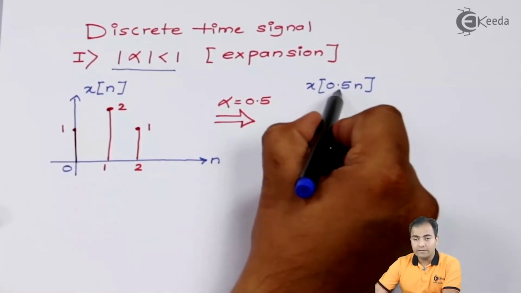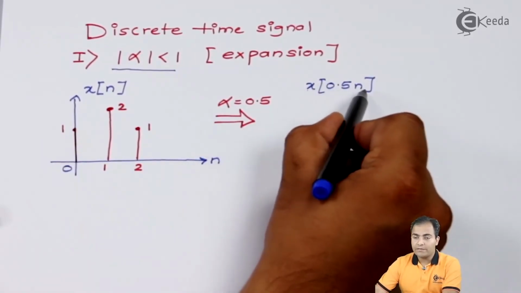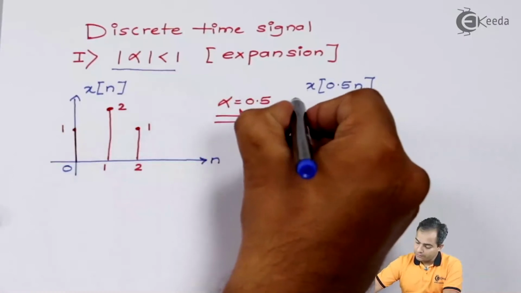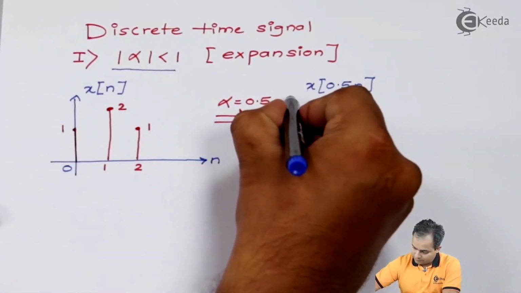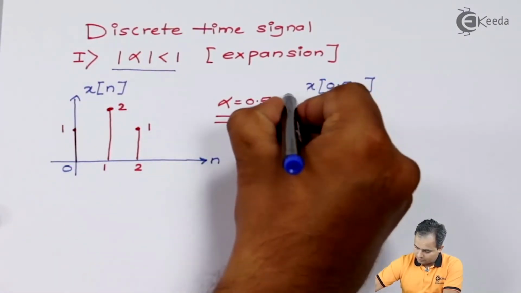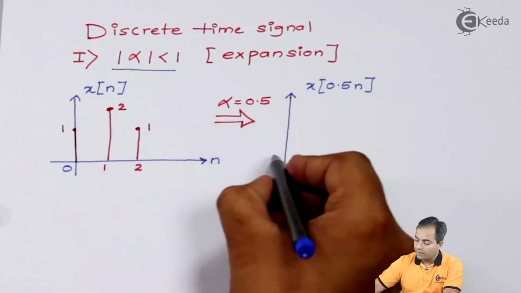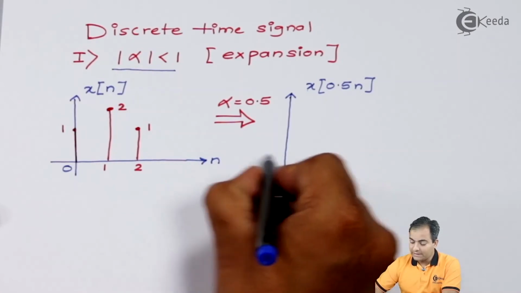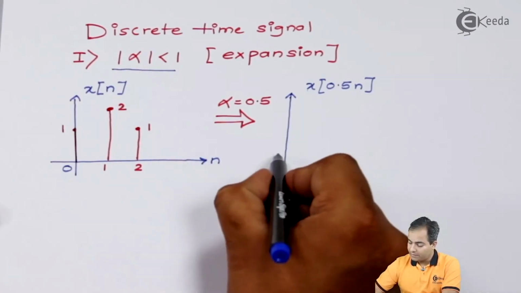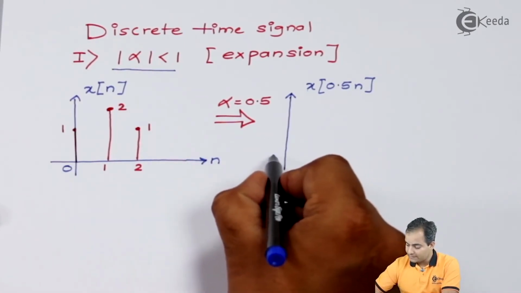This is the place of alpha. So we'll write x of 0.5 n. Now on the y-axis I'll write the function name, and on the x-axis I'll write the sampled value which is n.